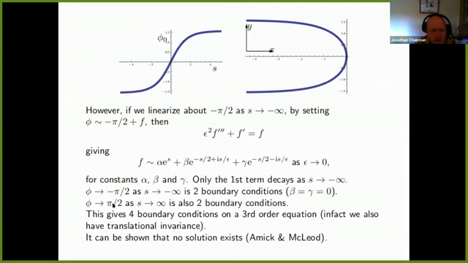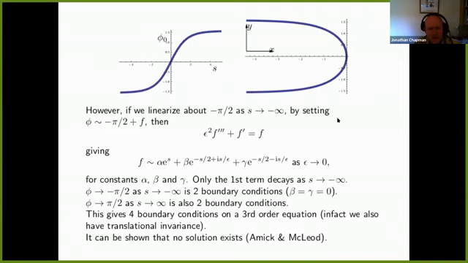And if you look at the behavior as phi tends to plus pi over 2, as s goes to plus infinity, you find that also kills 2 degrees of freedom. So it's also 2 boundary conditions. And so by looking for such a solution, I'm effectively imposing 4 boundary conditions on this 3rd order differential equation. And so I would not expect to find a solution.